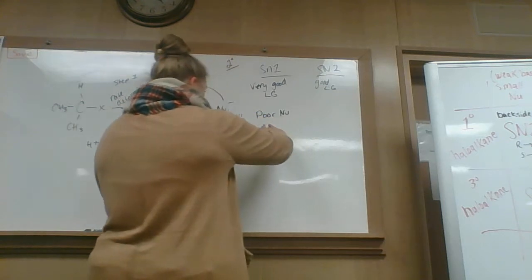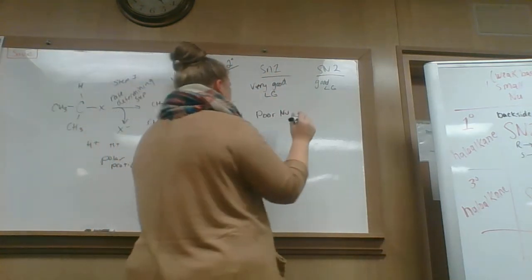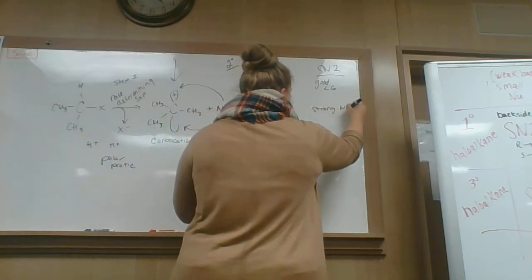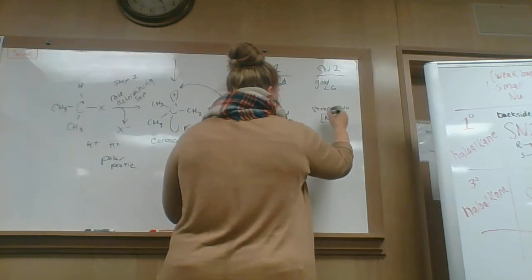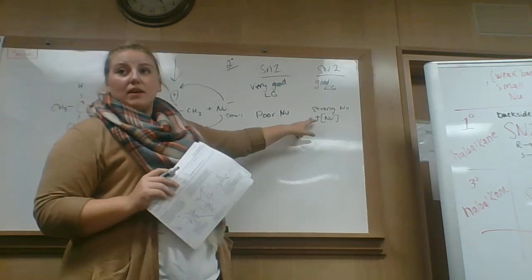For SN1, when we're talking about the nucleophile, it's okay to have a poor nucleophile. For SN2, we need a strong nucleophile. And we really need a large concentration of the nucleophile. Again, this piece makes sense.